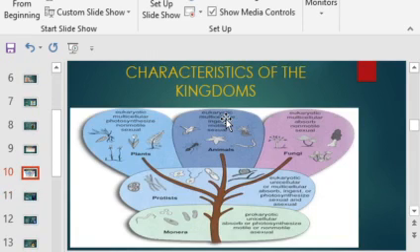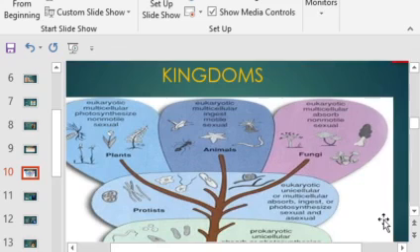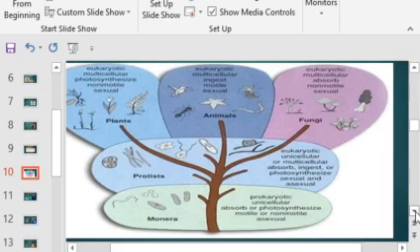Alright, so next, another lovely picture here, our diagram of the different characteristics. Alright, so if we look more closely here, start at the bottom, you have the Monera kingdom, which we just discussed, that includes eubacteria and archaeobacteria, and they are prokaryotic.